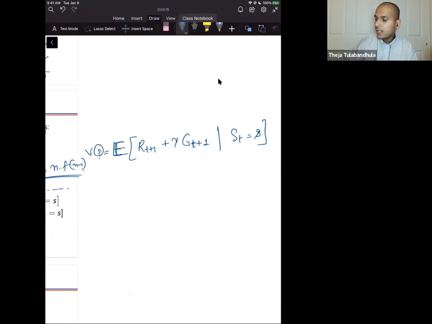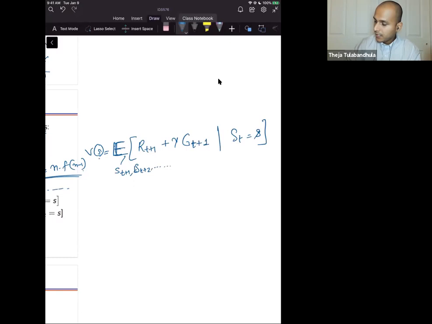This expectation is over all the possible sequences, S_t is given, so S_{t+1}, S_{t+2}, all the way to whatever number, S infinity, for example.